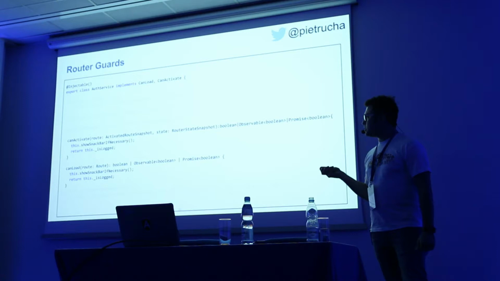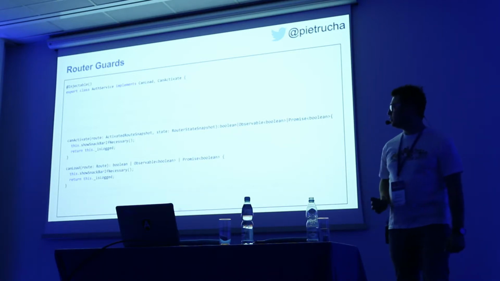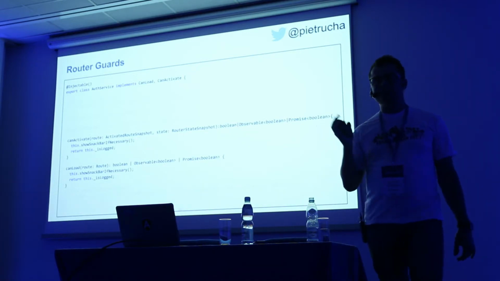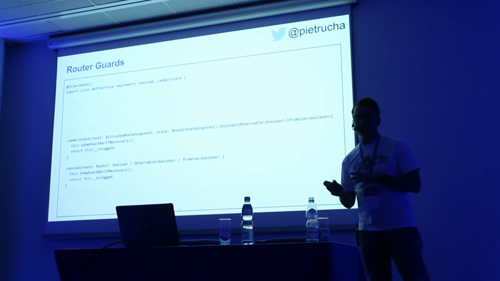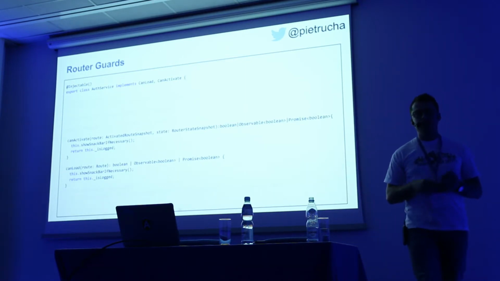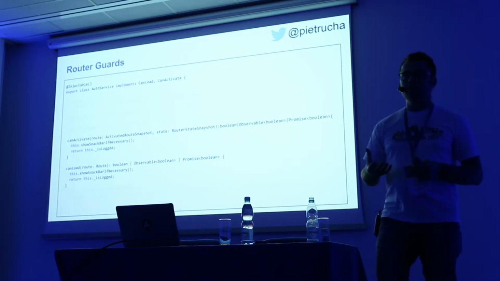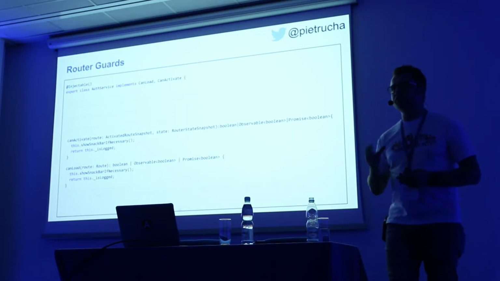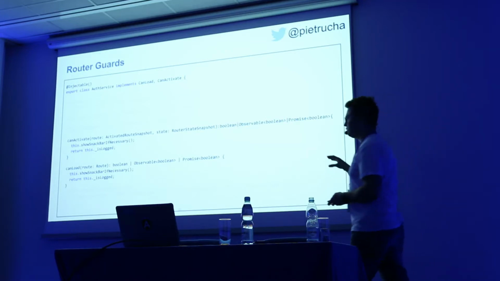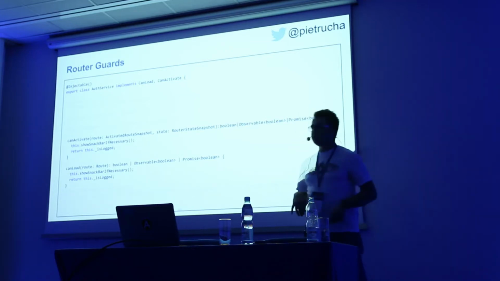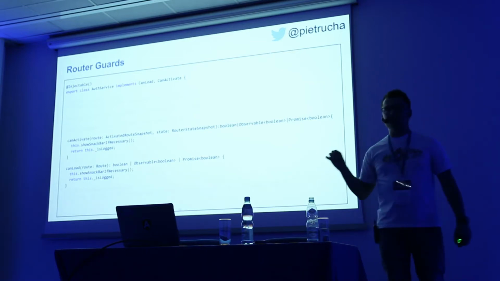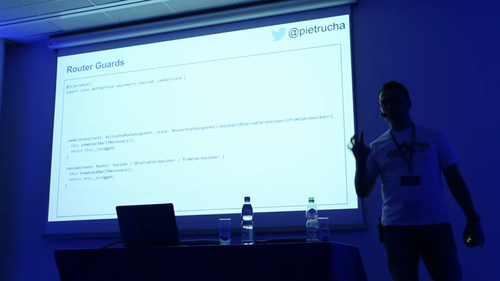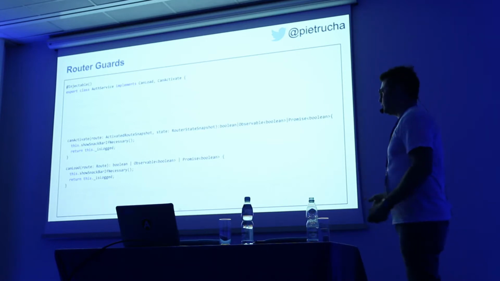And here we will just return a fake value of isLogged, because our demo application would be faking the process of logging in, which will, in the end, just check the value of a particular boolean. So if isLogged is true, I can allow the user to activate the given route. This is the only constraint that I'm checking.